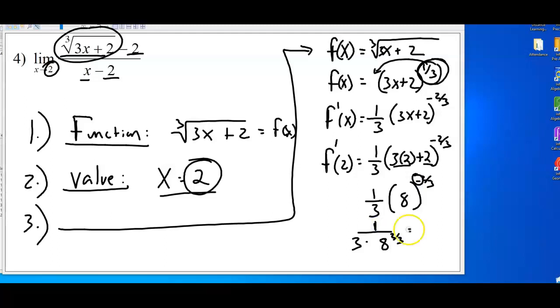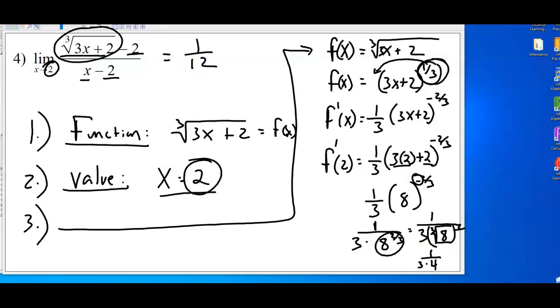The next thing we're going to recognize is that 8 to the 2/3 power means we're looking for the cube root of 8, and we're going to square it. Now the cube root of 8 is 2, and 2 squared is 4. So I have 1 over 3 times 4, which is 1/12. Ran out of space there, but there we have it. So the answer would be 1/12.